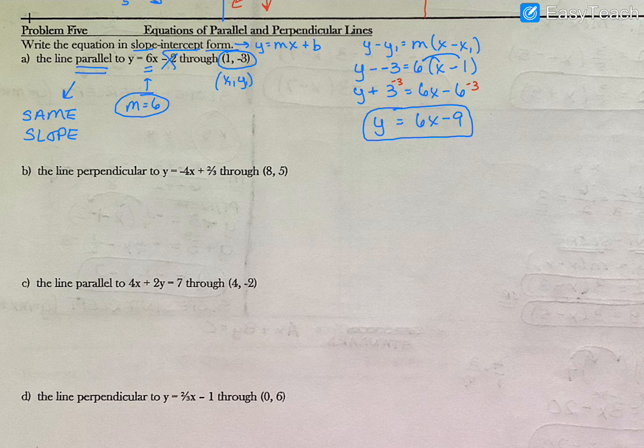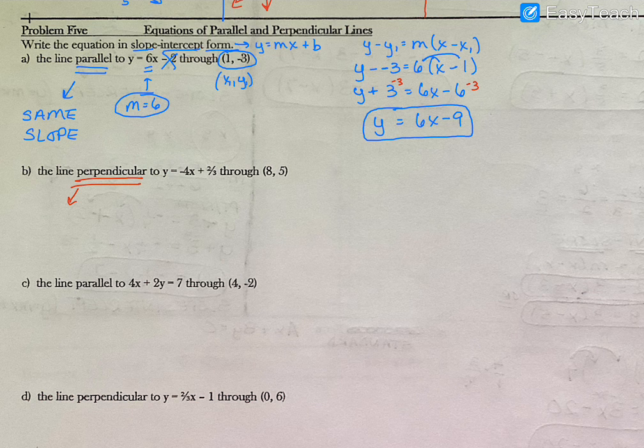I want to at least do a perpendicular example, which is what B gives us. So B is, the line is perpendicular to y equals negative 4x plus 2/3 through the point 8, 5. So, perpendicular, okay, parallel lines have same slopes.